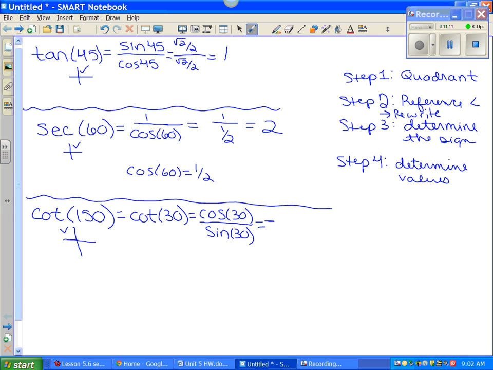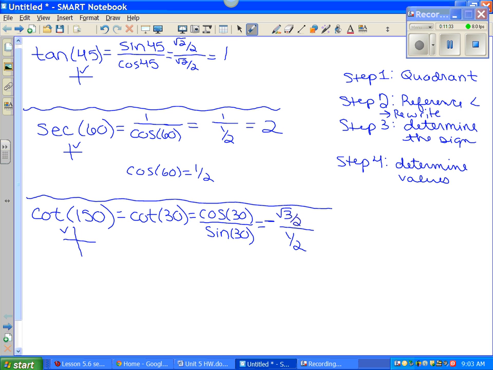Cosine at 30. I didn't have you memorize these just for fun, guys. Square root of 3 over 2. Good. Sine at 30. 1/2. What the heck do I do with that? Yeah, multiply by the reciprocal, right? That's a complex fraction.